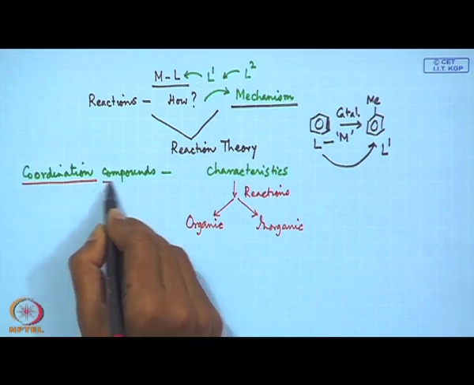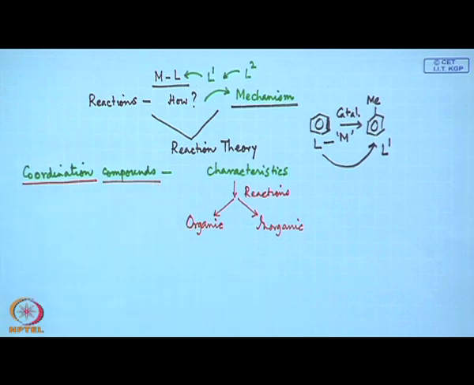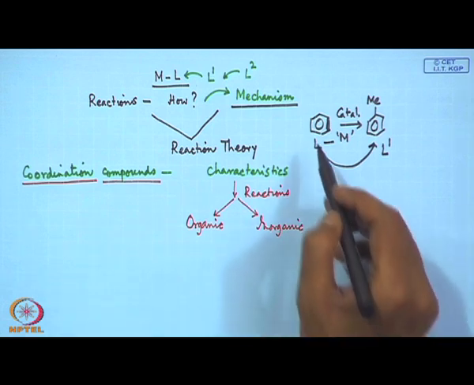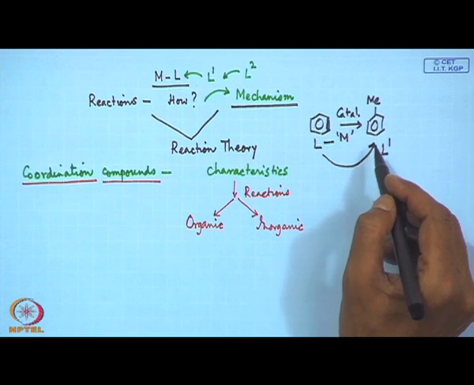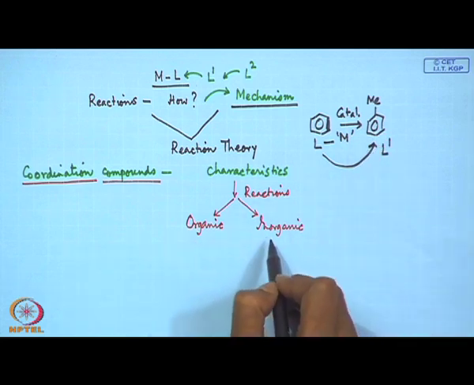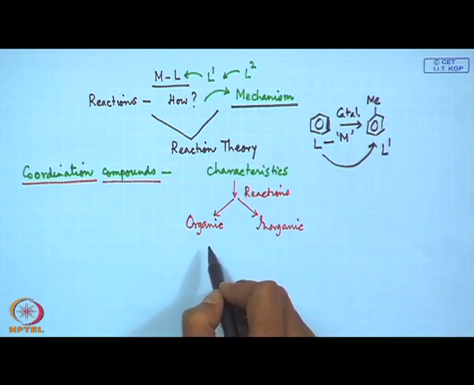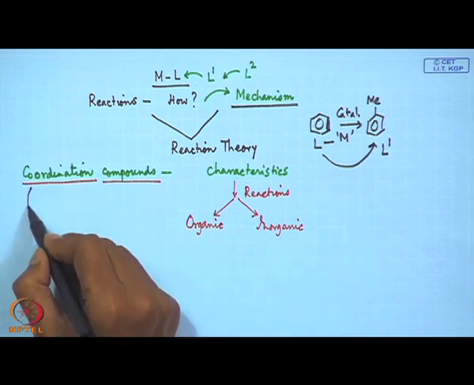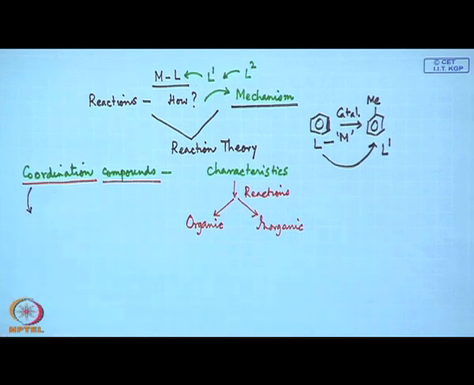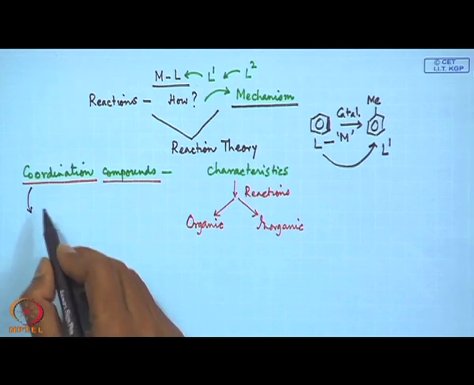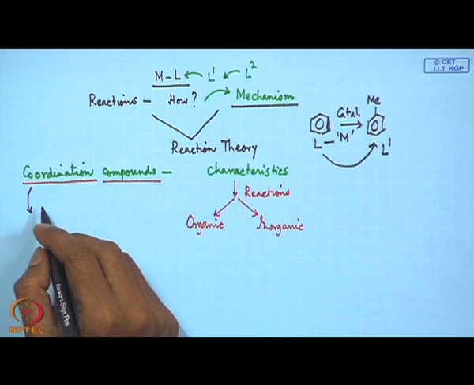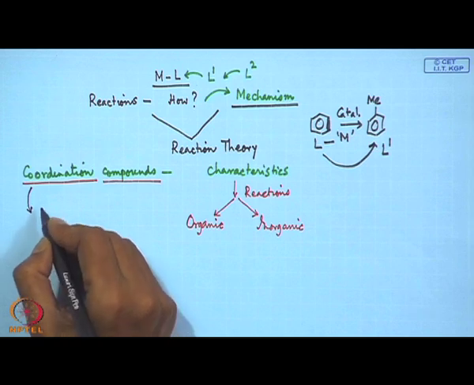But when we talk in terms of the corresponding coordination compounds, compared to the very simple transformation of this benzene molecule to toluene, and other very simple inorganic and organic transformations, these coordination compounds, we are calling them the corresponding complexes, and the nature and the corresponding features of these coordination compounds are a little bit complex.